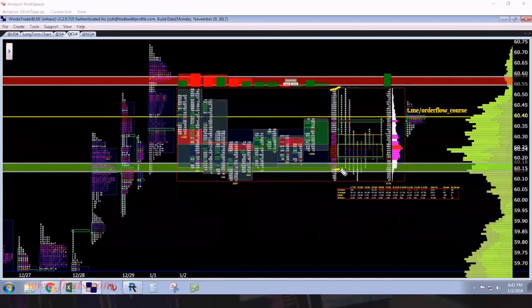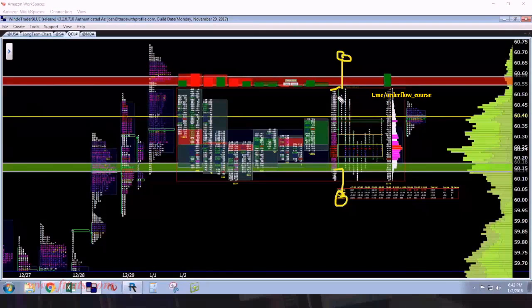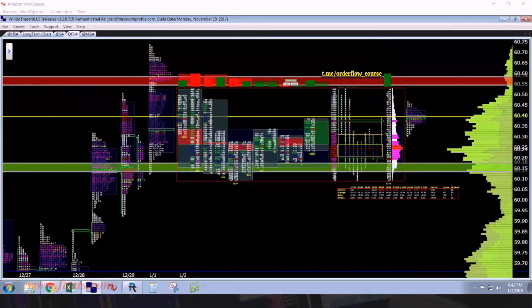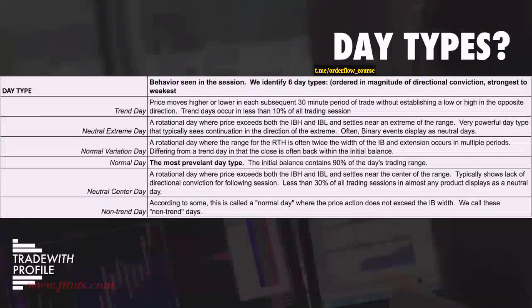A neutral day is when you exceeded in both directions beyond the initial balance. A neutral extreme day is when you close at one of the extremes. For example, if we had come down, taken out the initial balance low, came back and traded through the high, and then closed up here, that'd be a very strongly directionally convicted day. We'd expect some follow through the next day. So that's a neutral extreme day type.